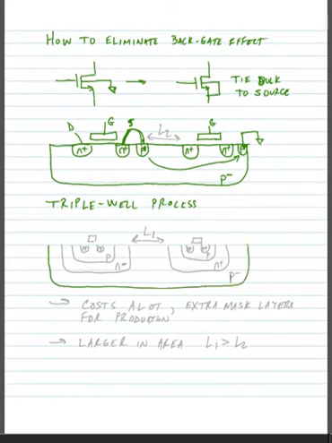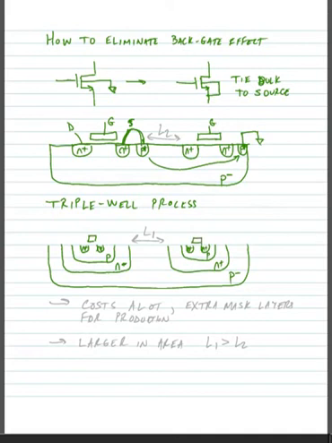We start with the same P- material, but then I could make an N- material and another N- material, and then inside of this I could make another little P type region, and here I could put my MOS transistor, and in this case I could tie the bulk to whatever potential I'd like to tie it to, because it's isolated inside of another well.